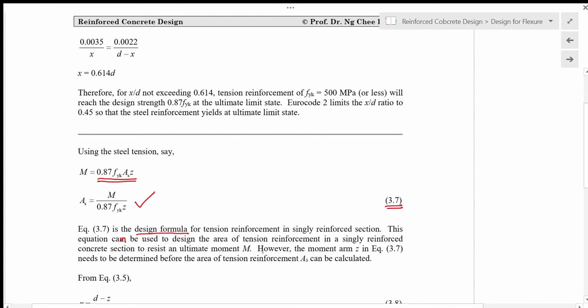However, the moment arm Z in equation 3.7 needs to be determined before the area of tension reinforcement As can be calculated. So now we want to derive the equation for the design. From equation 3.5, we can arrange the terms to get x equals d minus z over 0.4.